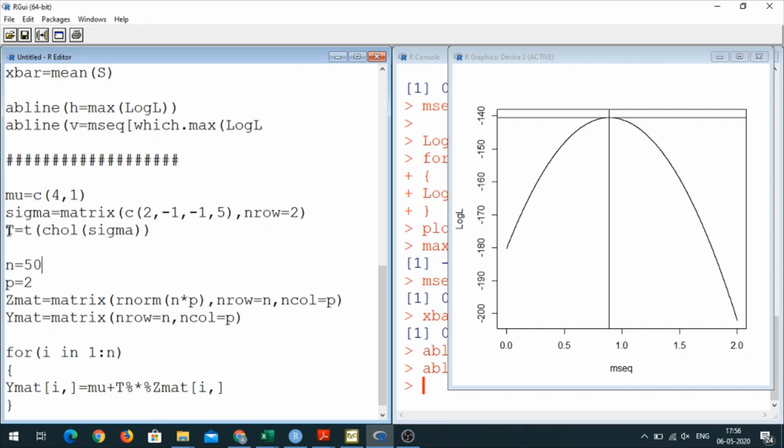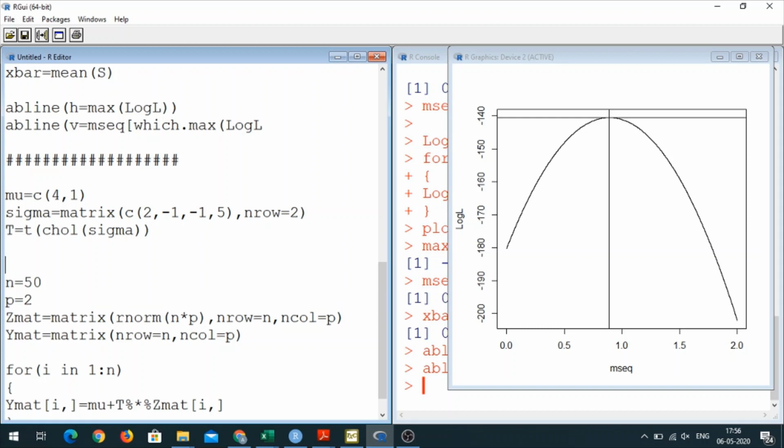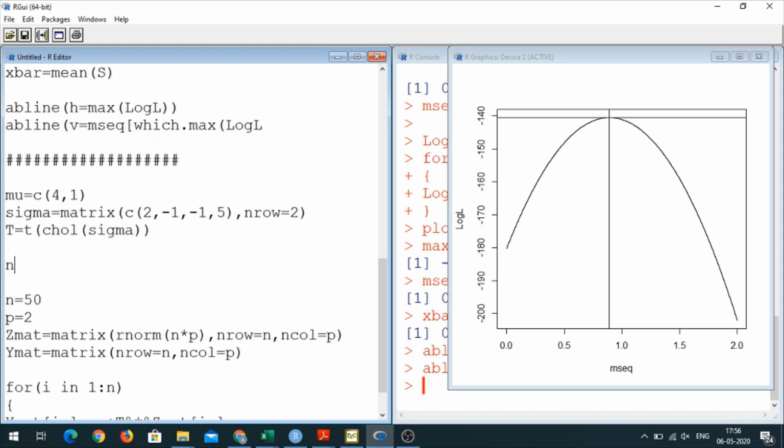Now my sample size is supposed to be 50, p is 2, and I have to repeat this whole exercise 100 times. So let me make the number of simulations 100. These are known as simulations. When you draw multiple samples, you call them simulations. By simulation, you are trying to verify a theoretical property.